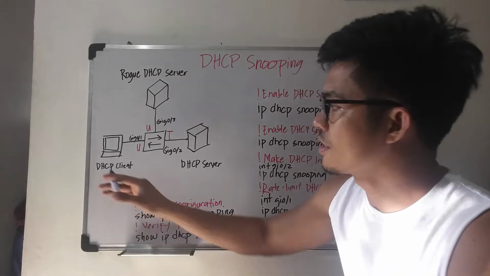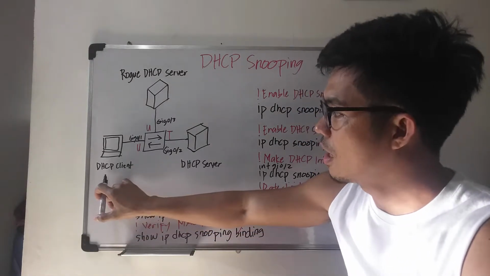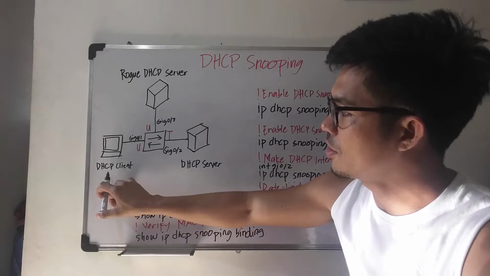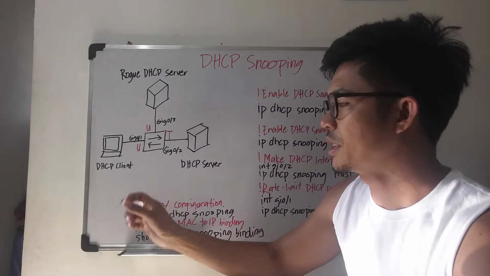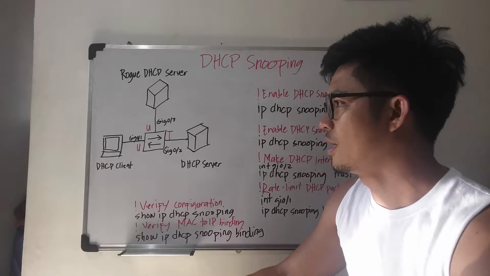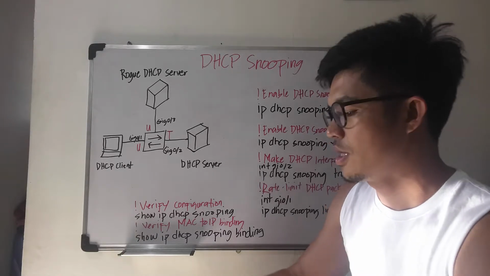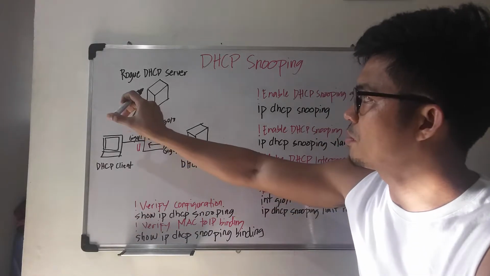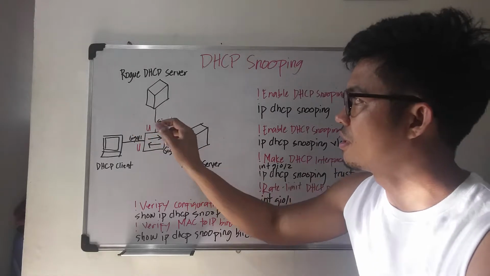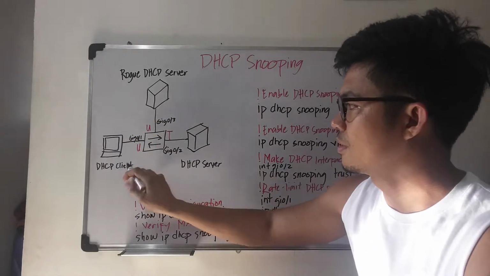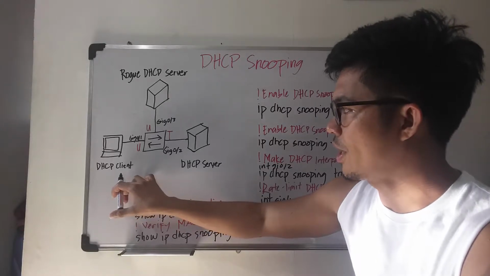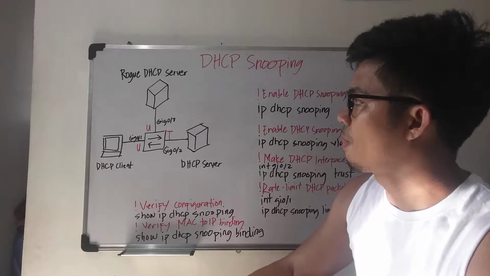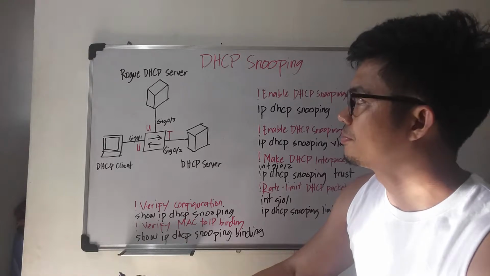And of course, this DHCP client here, when it boots up, it's going to request an IP address. And let's say this rogue DHCP server responds first to the request.